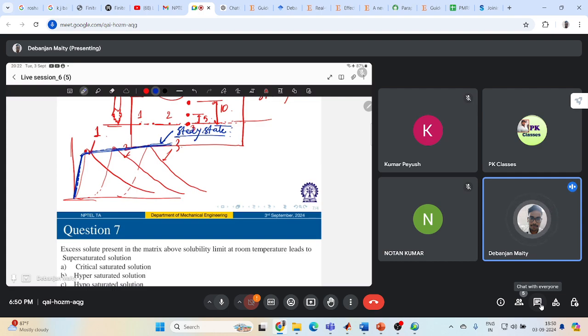This is simply because of Fourier's law of conduction. What does it tell about? Whatever heat is coming in or whatever heat is getting generated.